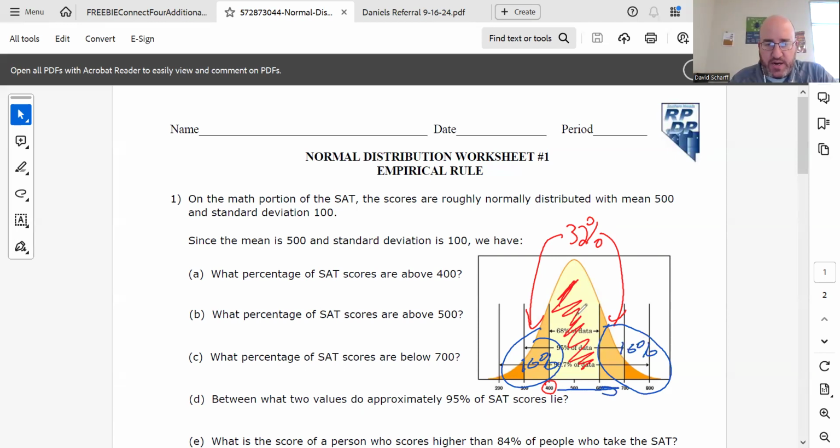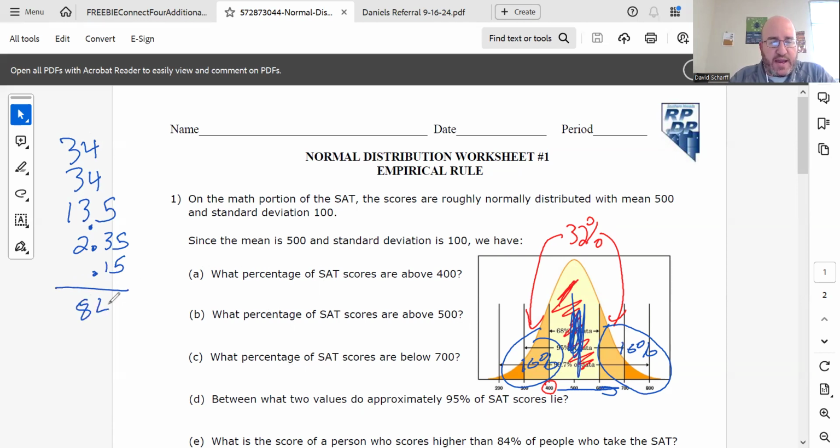So above 400 is this 68 right here plus the 16, which is 84. But again, if you go back to the active board and you add all 5 of those sections together, which was 34, 34, 13.5, 2.35, and 0.15, if you add that all up, you'll still get 84%. So it is 84%.